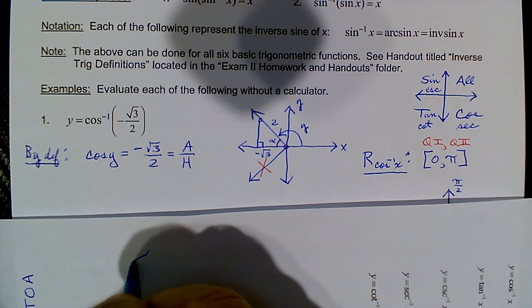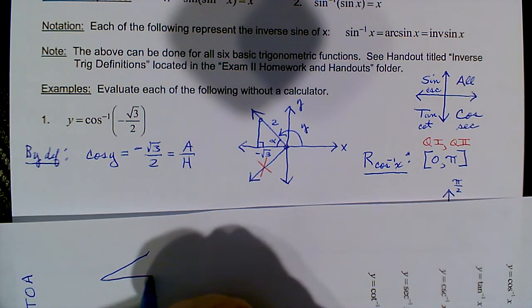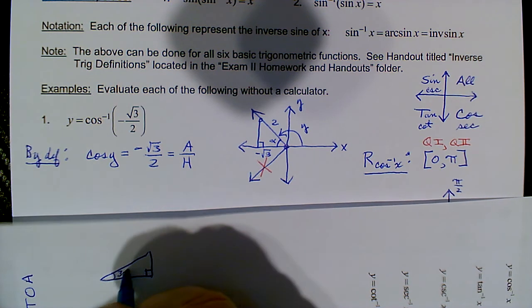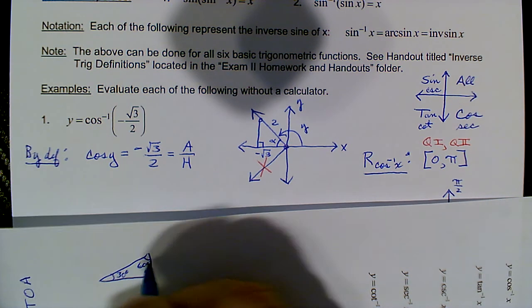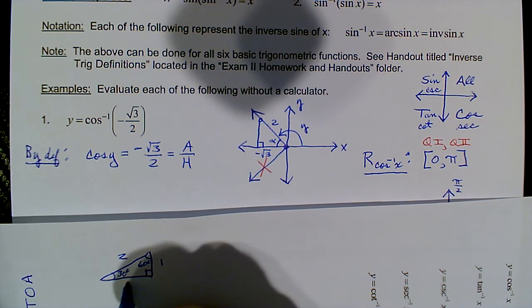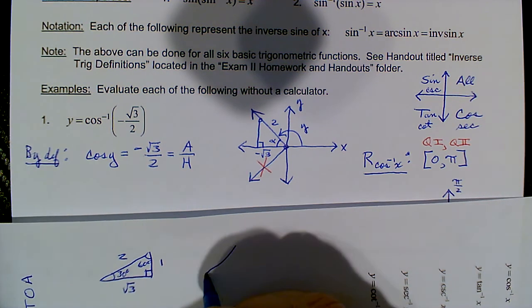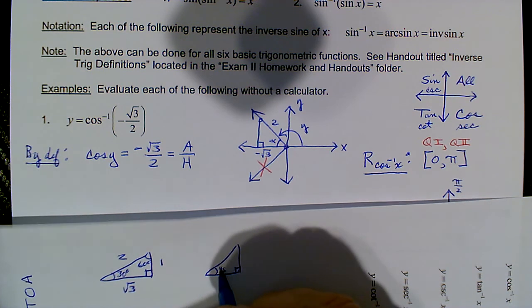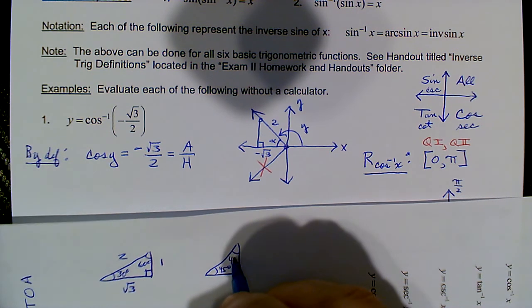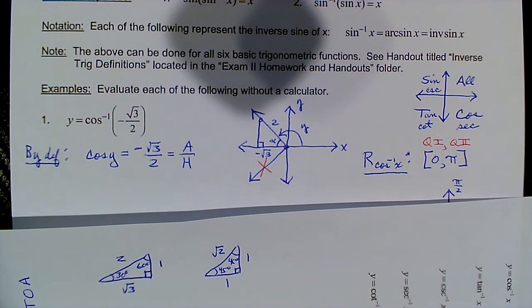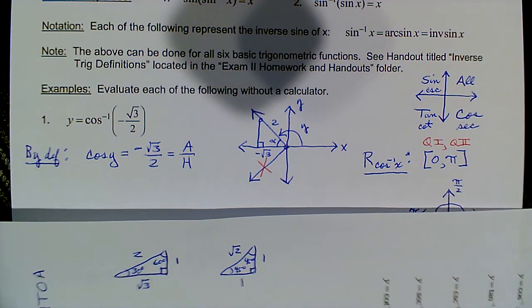There is the 30, 60, 90 right triangle, where the hypotenuse is 2, opposite 30 is 1, opposite 60 is radical 3. And then there's the other one, 45, 45, 90, where both legs are 1 and the hypotenuse is the square root of 2. So you need to know those as well.